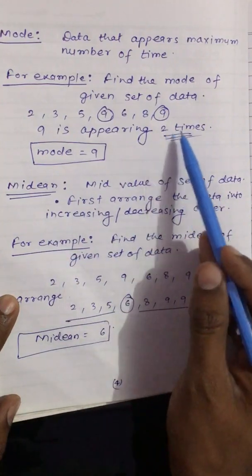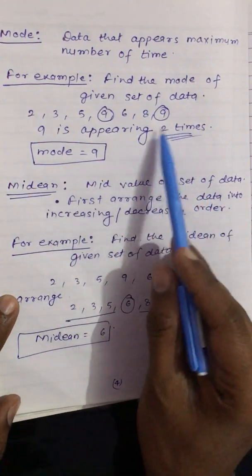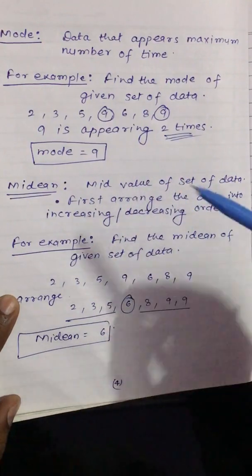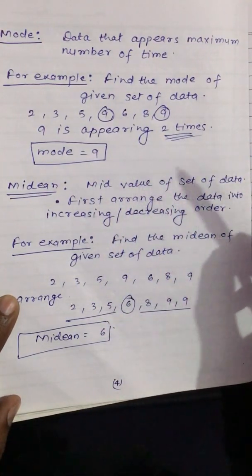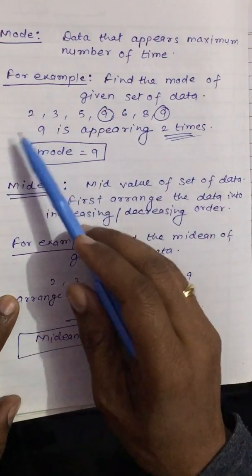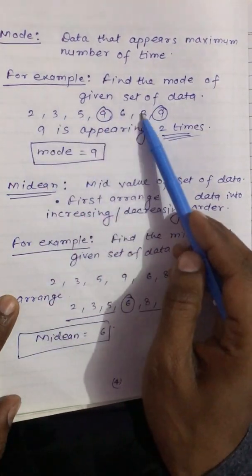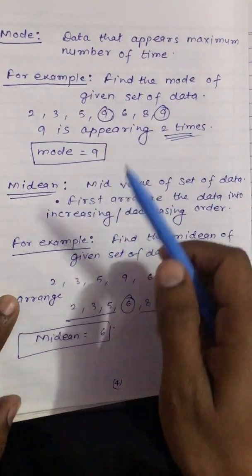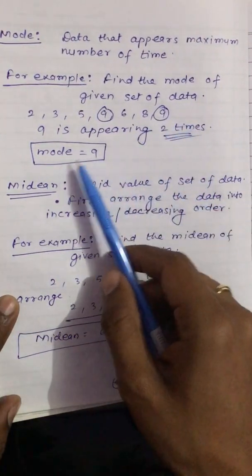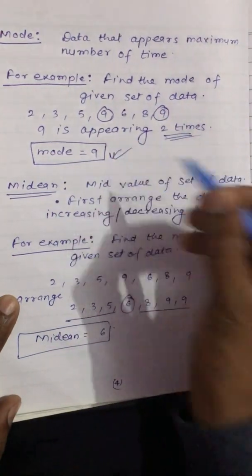We don't have to write how many times it appeared. We have to understand which number appears the maximum number of times, or which number has the highest frequency. These numbers have frequency only 1 because they appear one time. But 9 has frequency 2. So this has the highest frequency. So mode is 9. Understand?